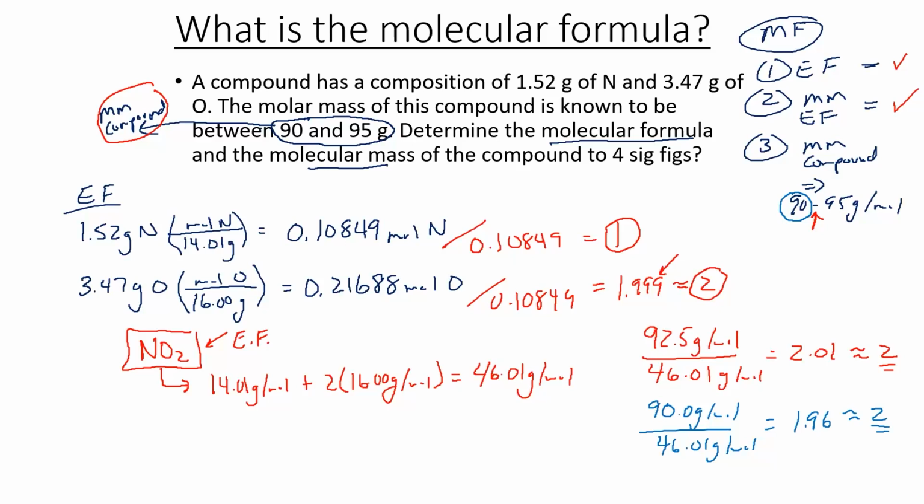You could also have chosen the higher end of the range here. And if you chose that higher end of the range, you're looking at really 95 grams per mole.